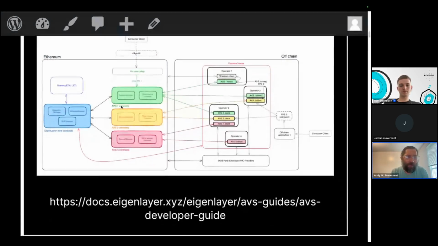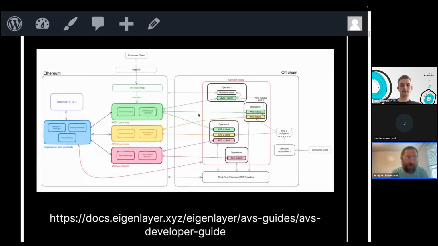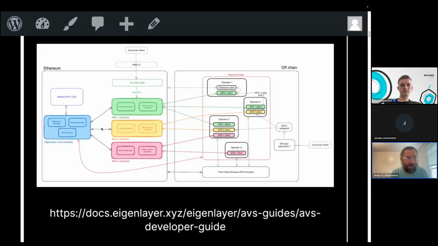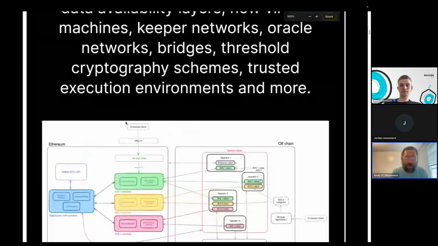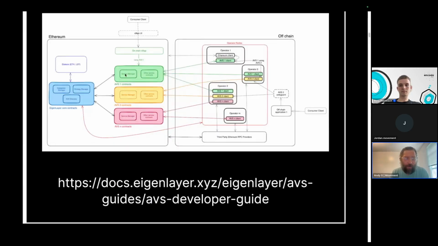So the way EigenLayer works is summarized in this diagram pretty well. There are contracts deployed on Ethereum. These different AVS contracts have what's called a service manager, which is an interface for the EigenLayer protocol.